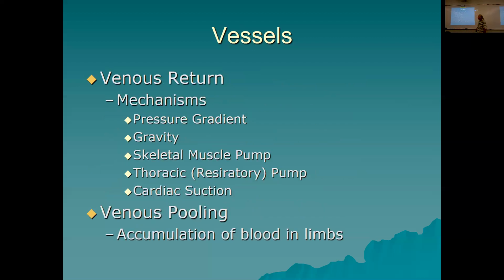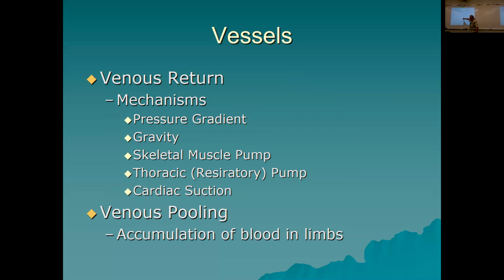Okay, remember venous return, the mechanisms. There's always a pressure gradient between the blood vessels in your lower extremities and your heart. The blood pressure is greater out there than it is in the heart, and it flows back. Gravity will help venous return from the part of the body superior to the heart.